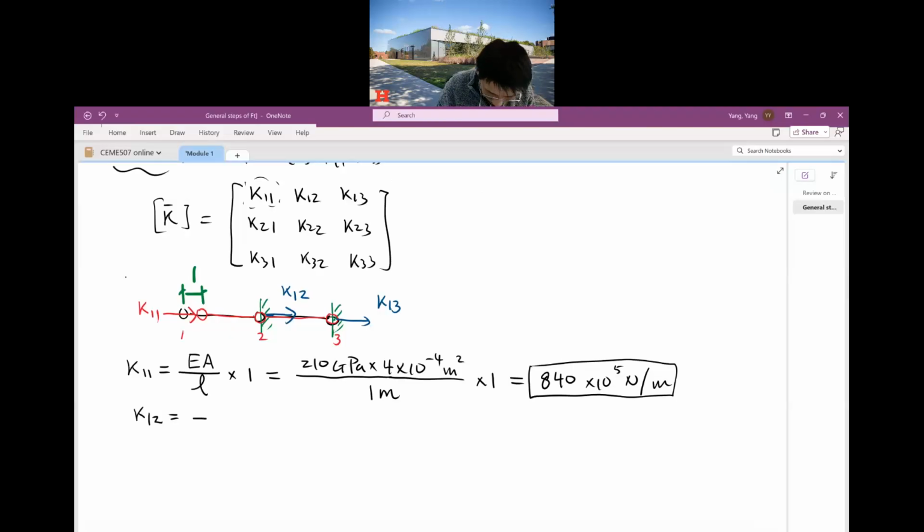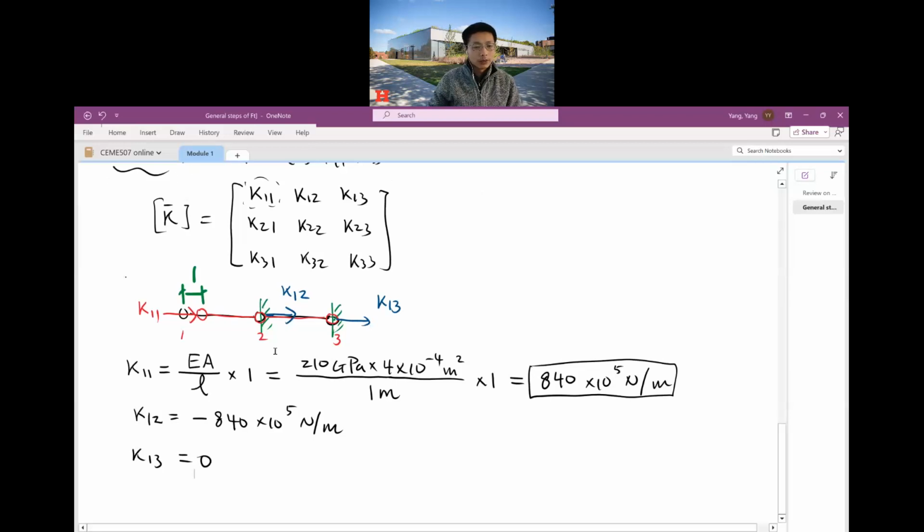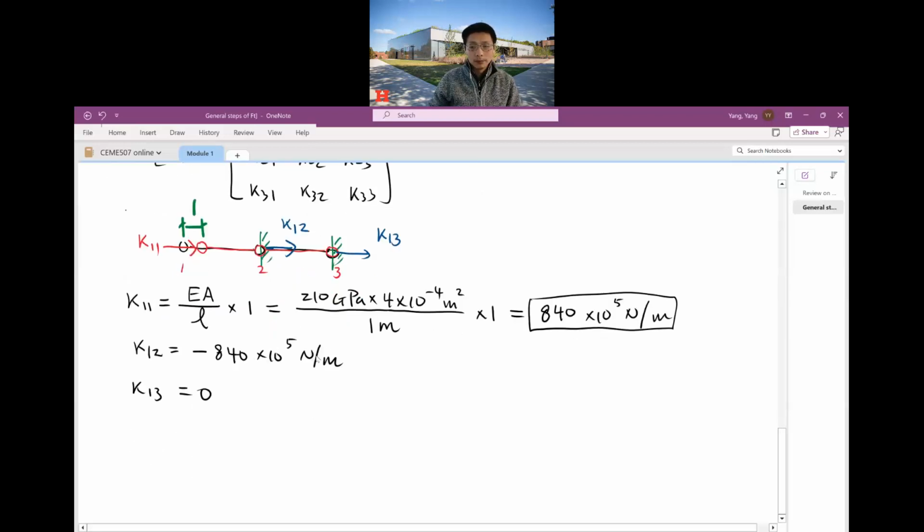So the K1,2 would be equal to minus K1,1 in this case. The K1,3 will be 0 because 2 and 3 are fixed, right? So K1,3 would be 0. So this is K1,1 and K1,2.